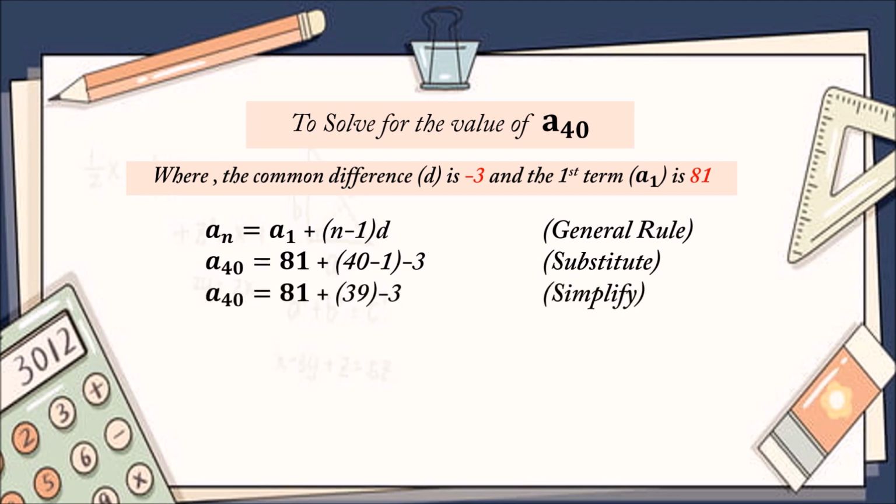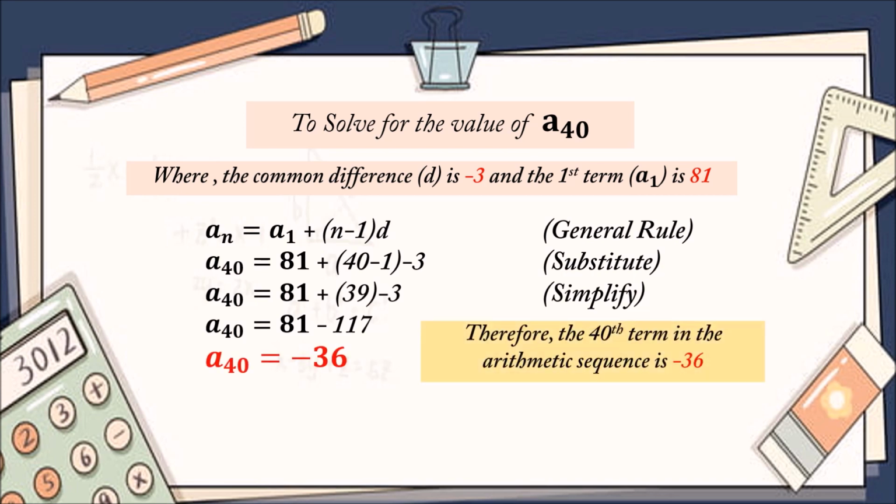To simplify, we have a sub 40 is equal to 81 plus 39 times negative 3. The result is a sub 40 is equal to 81 minus 117. Therefore, the 40th term in the arithmetic sequence is negative 36.